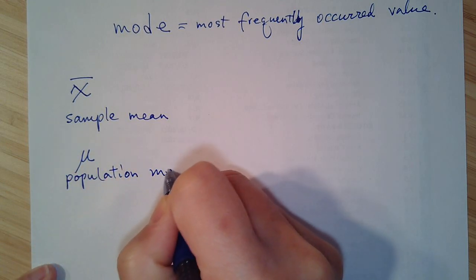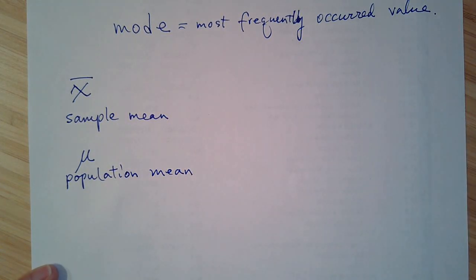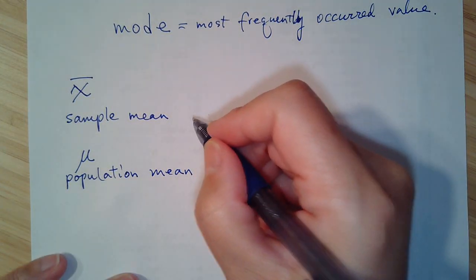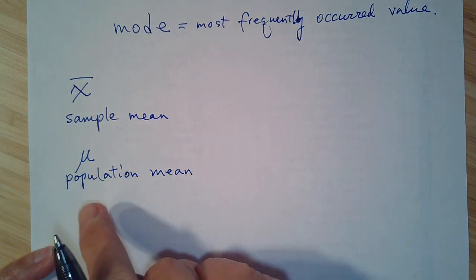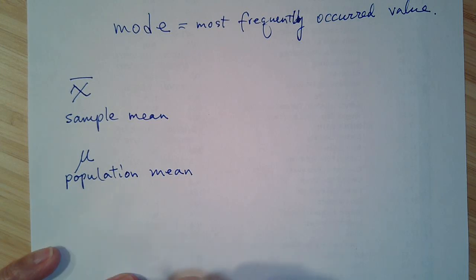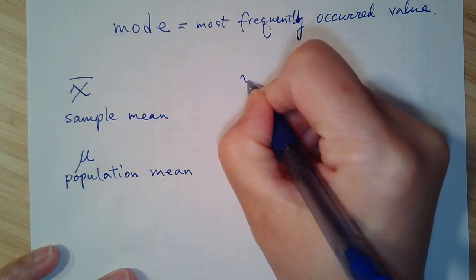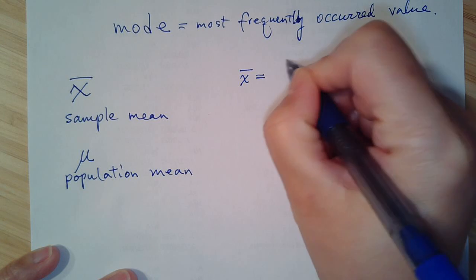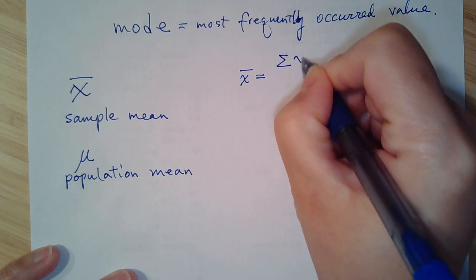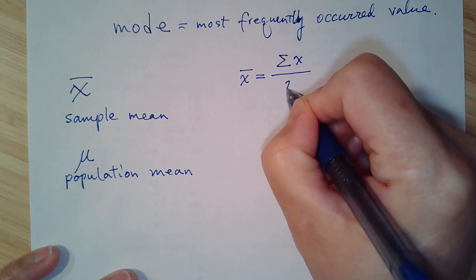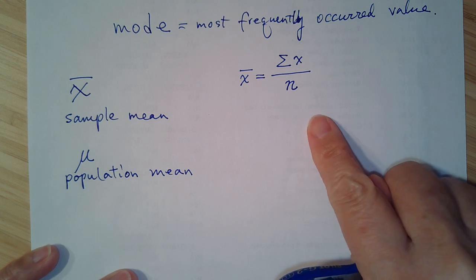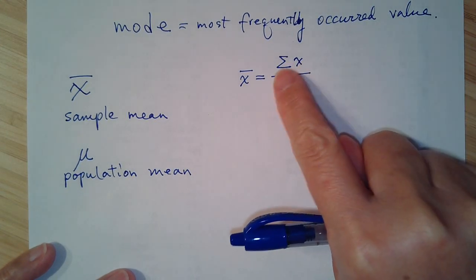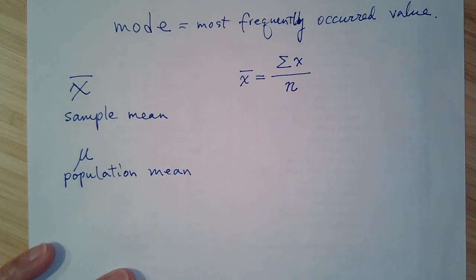For the sample size, we use a lowercase n, and the population size is the capital letter N. The formula looks like this: X bar equals sigma of X over n. Sigma of X means the sum of all the X values.